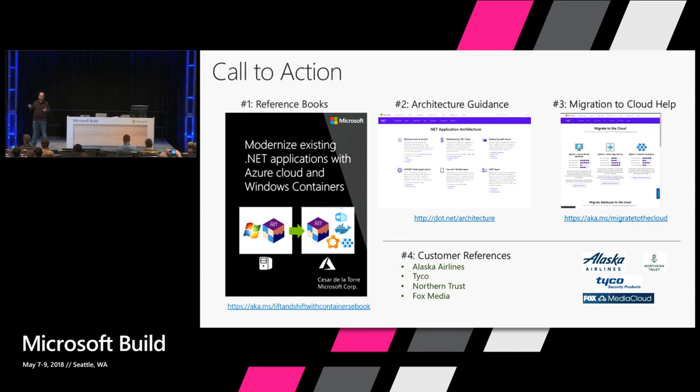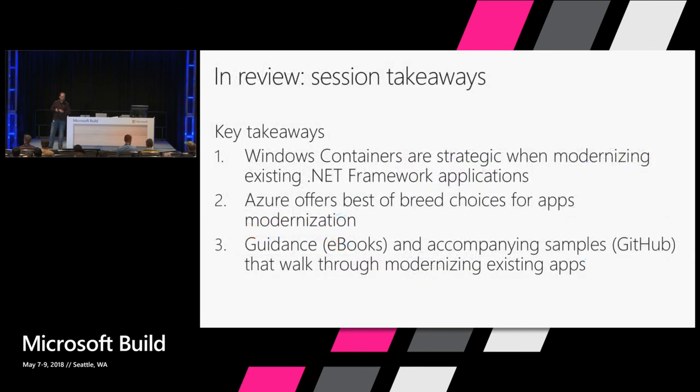This is like 80 pages, with everything I've been talking about today, but better explained, and then the reference applications, a few customer references using these technologies, and that's it. Session key takeaways.